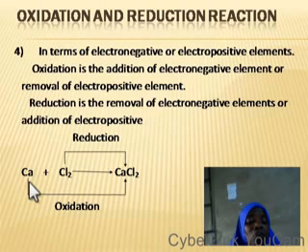Now, let's look at this redox reaction here. If you look at from calcium to calcium chloride, it is oxidation, because there is addition of an electronegative element, which is chlorine. And if you look at from chlorine to the same calcium chloride, you will see that that is reduction, because chlorine has accepted an electropositive element, that is addition of an electropositive element.